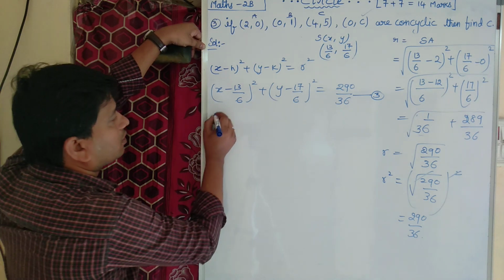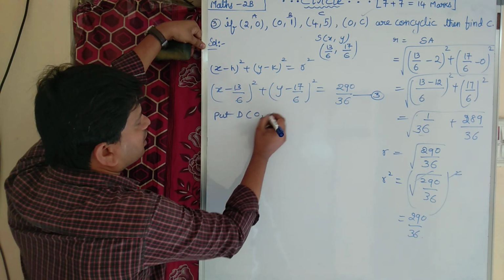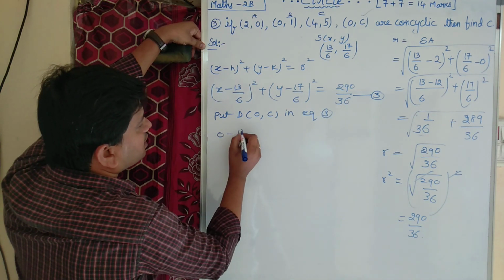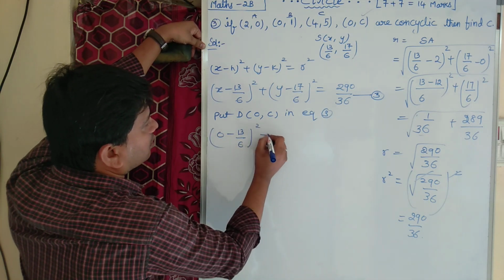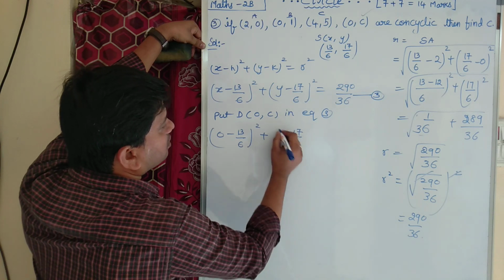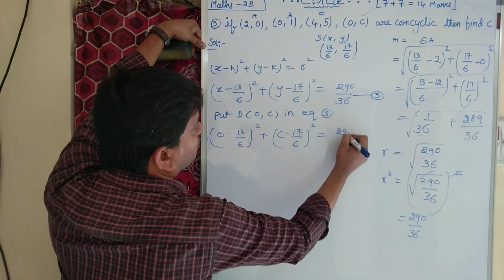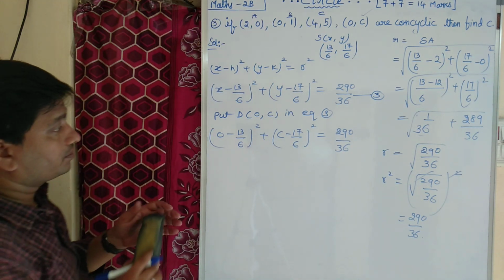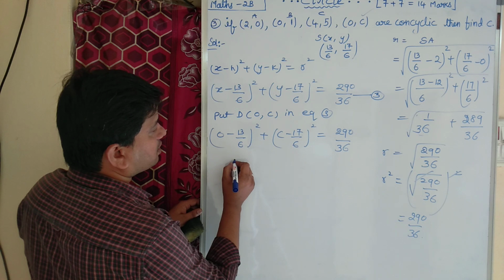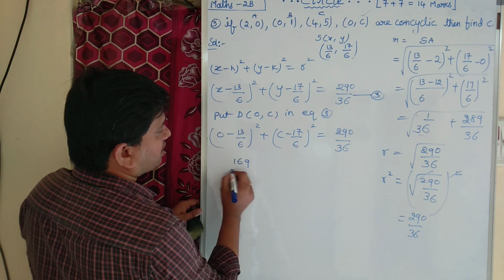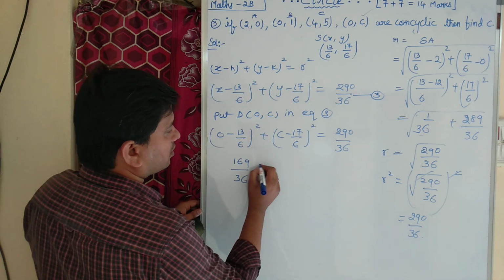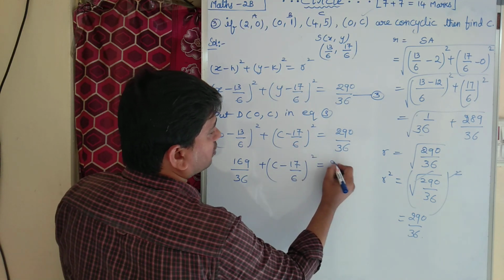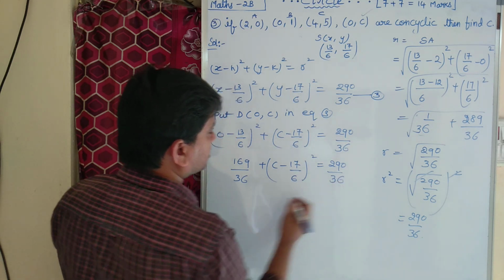Now put D (0, c) in equation number 3. So 0 minus 13 by 6 whole square plus c minus 17 by 6 whole square equal to 290 by 36. Right? Now minus 13 by 6 squared means 169 by 36 plus c minus 17 by 6 whole square equal to 290 by 36.